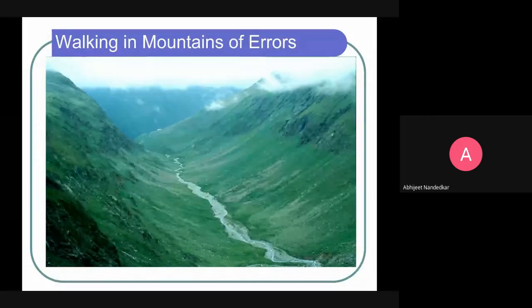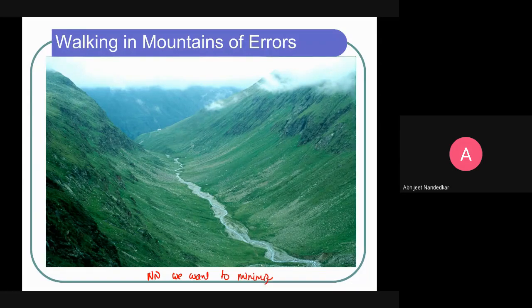Now assume there is a mountain of error, because in a neural network we want to minimize error. Assume that we want to minimize error, and these are the error surfaces like this. So error is like this.